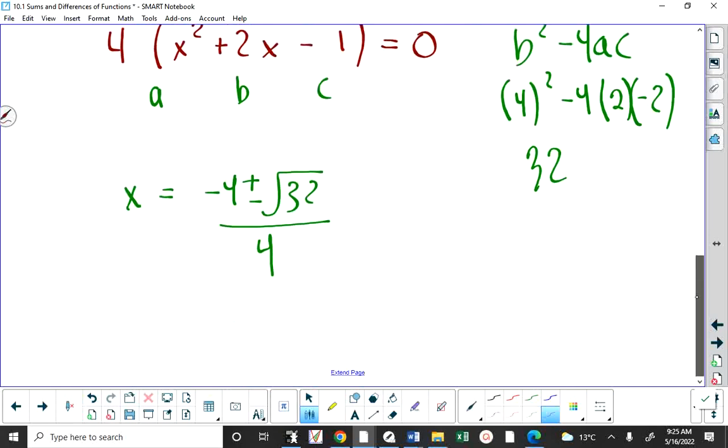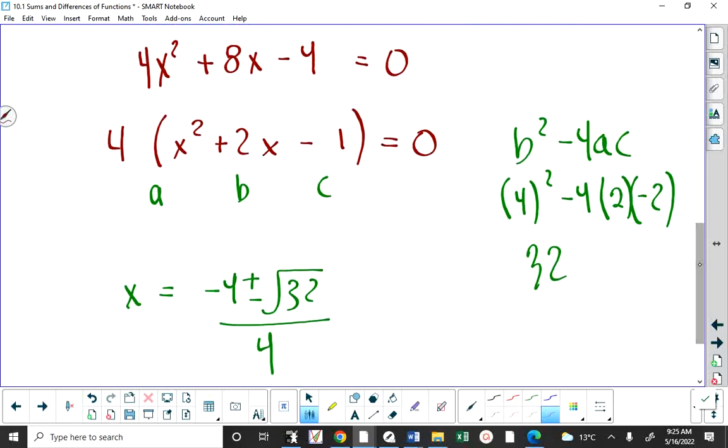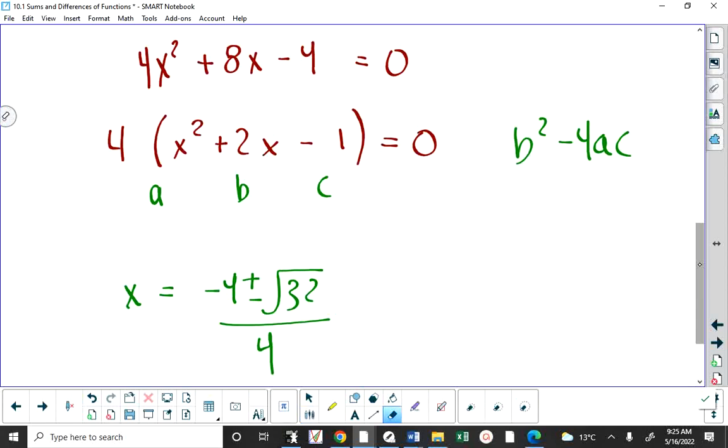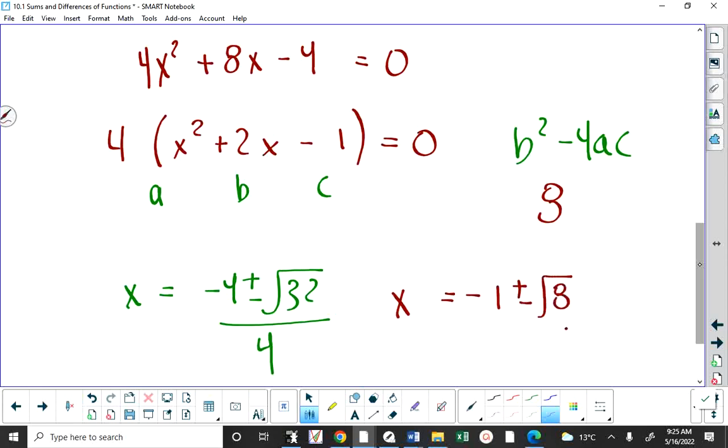What you would have got for b squared minus 4ac is, I believe, 8. You would have got x equals negative 1 plus or minus root 8 all over 1. No, all over 2, I think. This might have been 2 as well. Yeah.